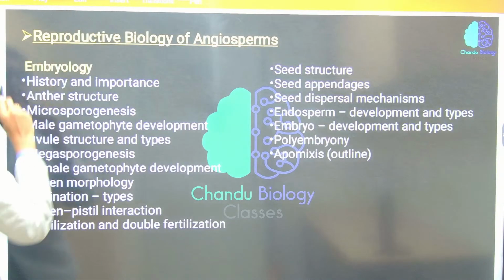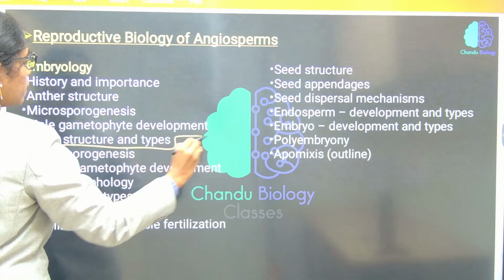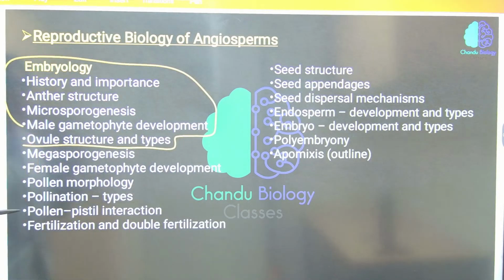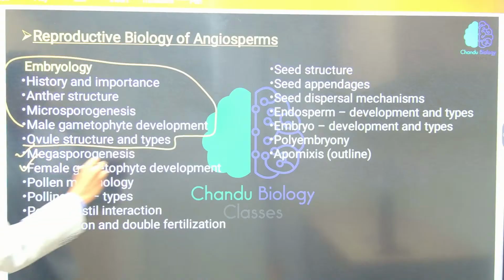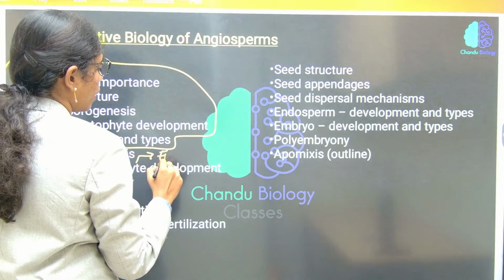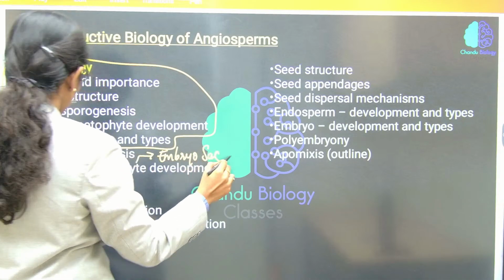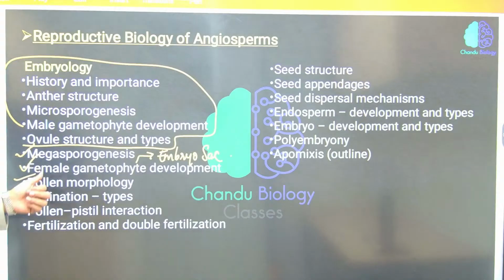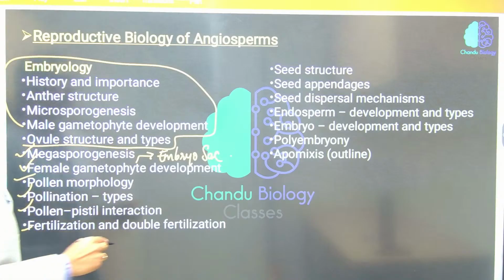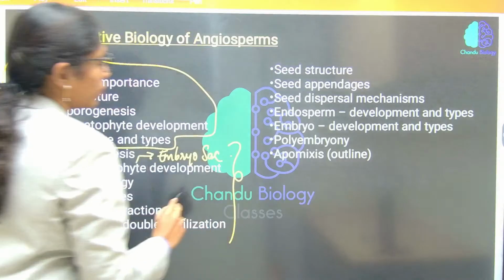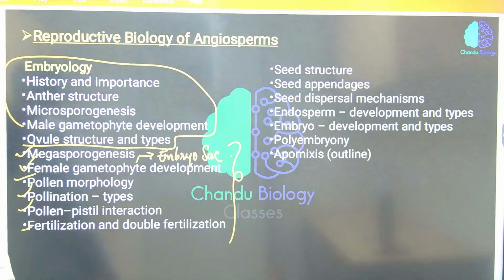Today we are going to cover megasporogenesis, female gametophyte, that is embryo sac development, how the embryo sac is developed, and then pollen morphology also. Pollination we are going to deal with, pollen pistil interaction, fertilization and double fertilization. These are the concepts that we are going to cover today.